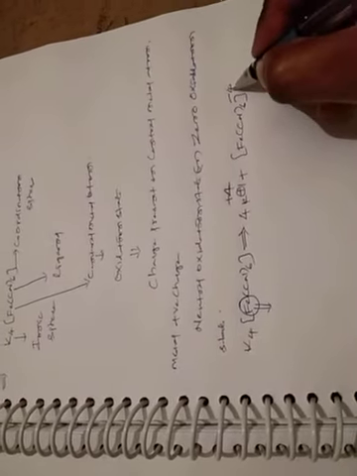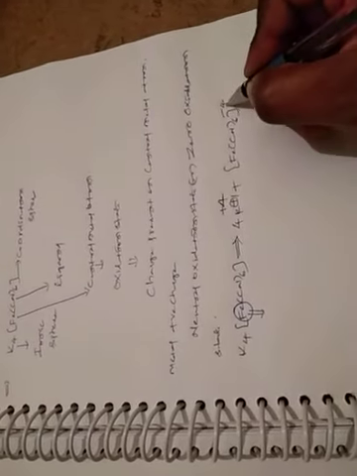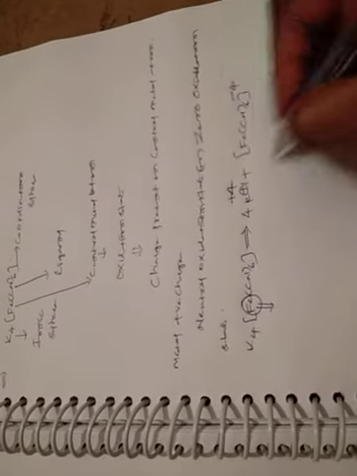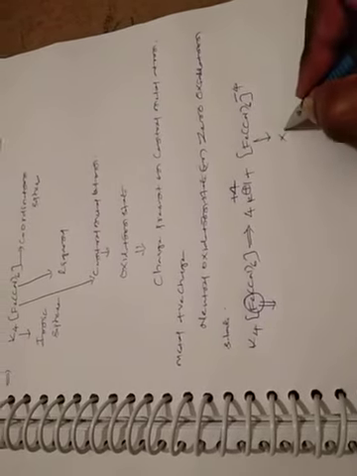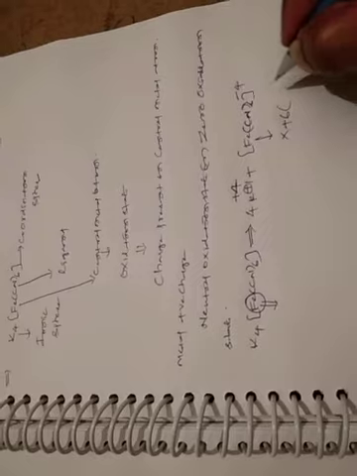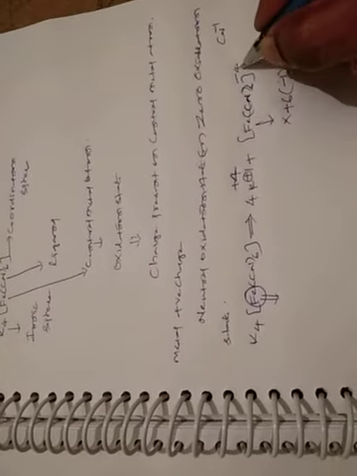If it is +4, on the complex ion you will get -4. If it is +3, you will get -3. If it is +5, you will get -5. After dissociation, the metal is assumed as x, and we have 6 CN ions. On CN you have -1 charge, so 6 into -1 is equal to the charge on the complex, which is -4.